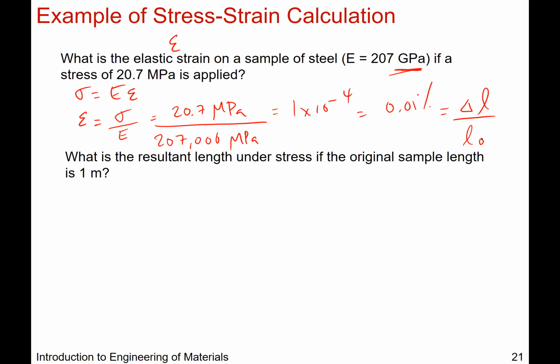Actually, I think it should be 1 millimeter, but we can calculate that now that we know the strain, right? We know delta L is just the final length minus the initial length, normalized by the initial length itself.